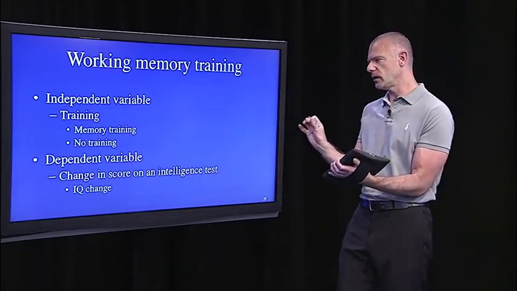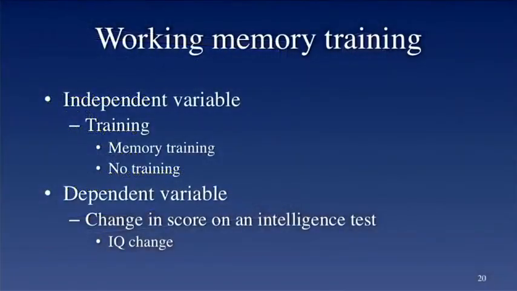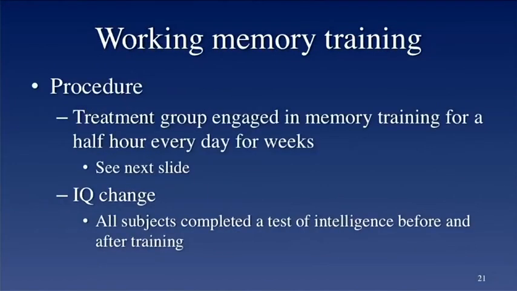So the dependent variable here is change on that intelligence test, or IQ change. The procedure for the training group, the way this worked, is they came into a lab every day for half an hour a day, and they engaged in a memory training task. I'll show you more specifically on the next slide what that looked like.